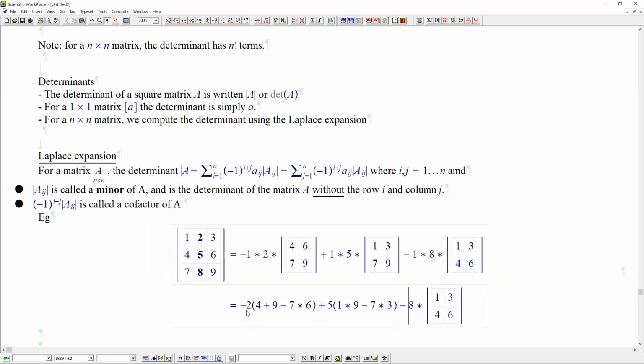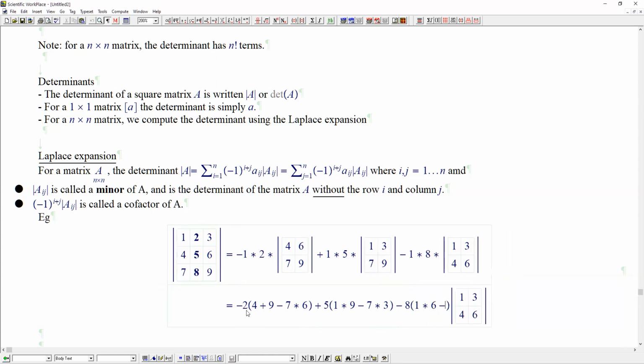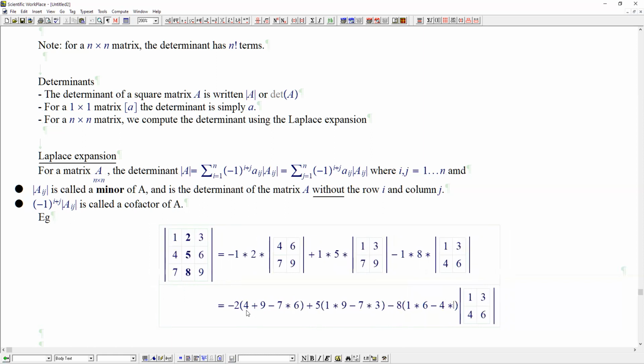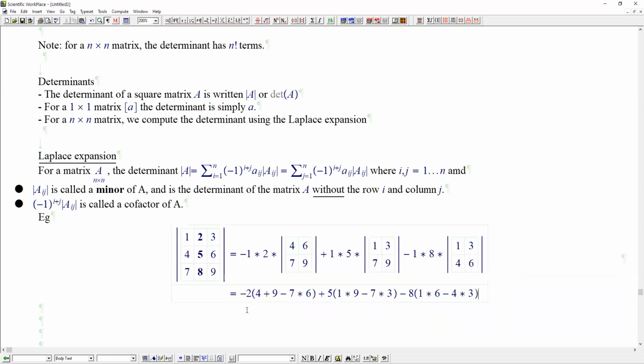And then -8 times (1 times 6 minus 4 times 3). If I compute this, I get 46. See, it's possible to make a mistake. Oh, -24, that's not what I thought I would get either.